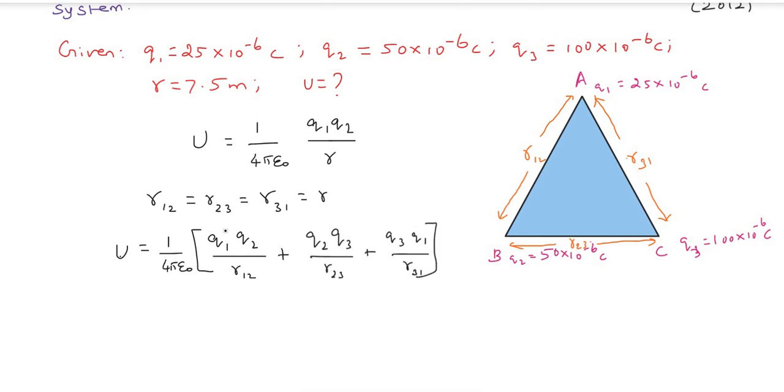Here R12, R23, R31 equal to R. U equal to 1 by 4 pi epsilon naught into R into Q1 Q2 plus Q2 Q3 plus Q3 Q1.